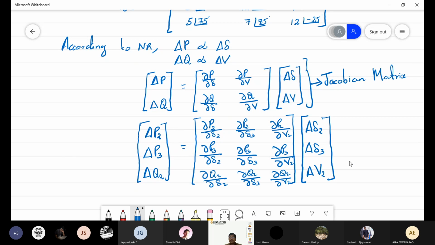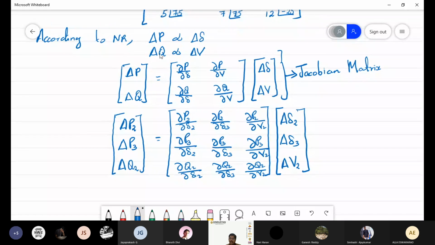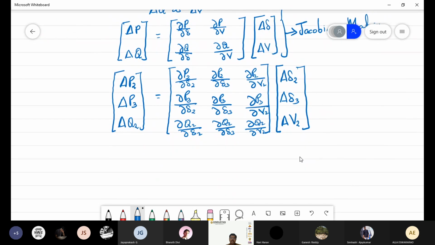So now, to find the Jacobian matrix for this particular problem, that is the generalized Jacobian matrix, how to form it we have seen, and for this particular problem we have seen the Jacobian matrix. The two real powers and one reactive power are there, and depending on the proportionality, we can write that real power is directly proportional to the rotor angle and reactive power is directly proportional to voltage.